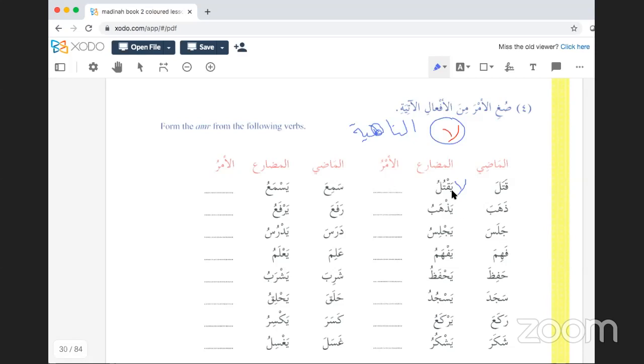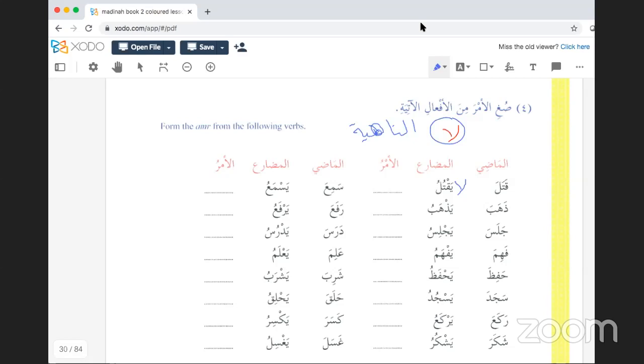what I should have said also was that the best instance or the easiest instance to learn la nahiya is with fi'l mudari' lil mukhatab. That's what I should have said at the beginning. Fi'l mudari' lil mukhatab. Okay, when you are saying تذهب تجلس تفهم.